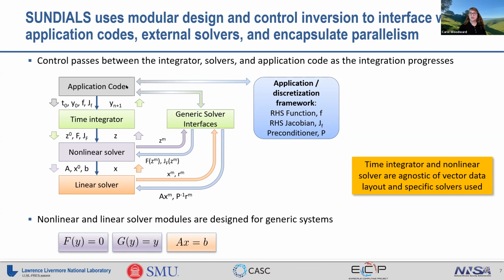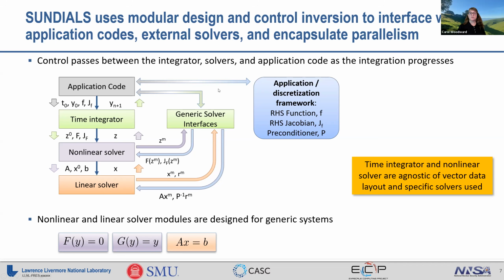In general, you might have an application code that handles your discretization and your relevant information. It will provide a right-hand side function, f. It may provide Jacobian information if implicit integrators are used and a Jacobian is supplied. It may provide a preconditioner. Usually these are application-specific things.